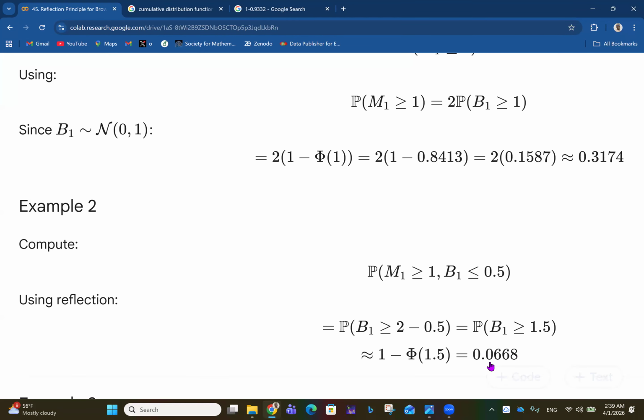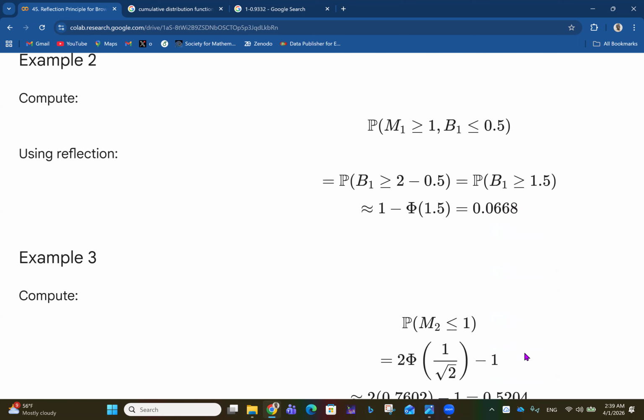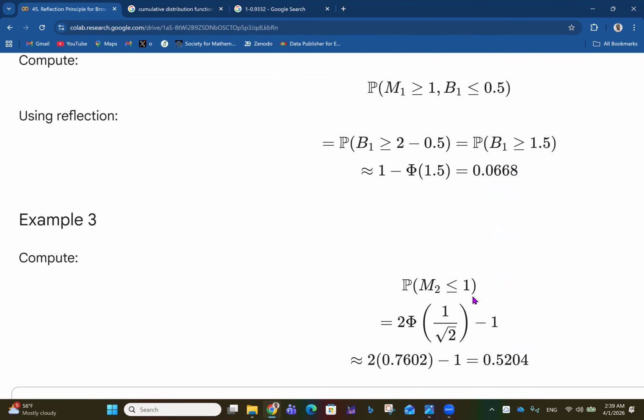That's how we get this result. So the probability that this is going to happen is just about 6.7%.